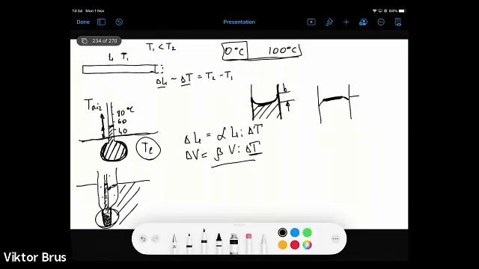However, that is true for some ranges of temperatures, but not for all ranges of temperatures.